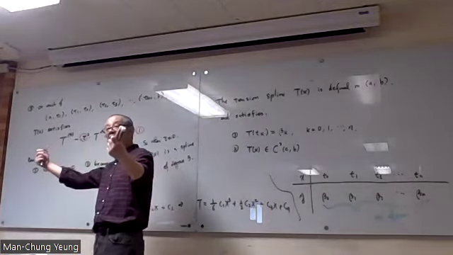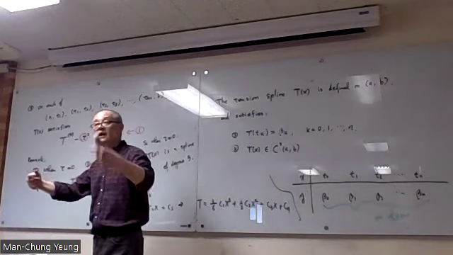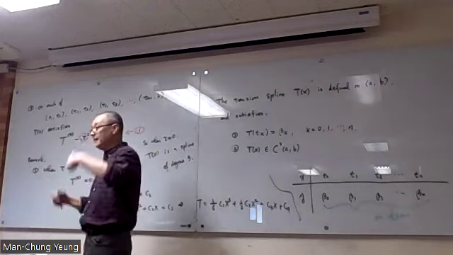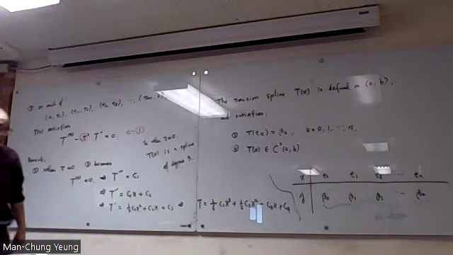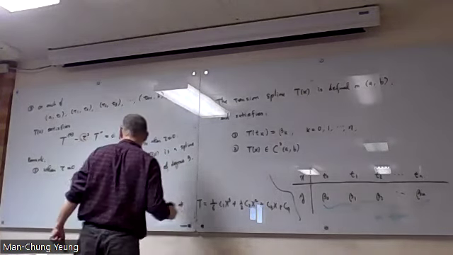How about the other extreme case? Tau is infinity.